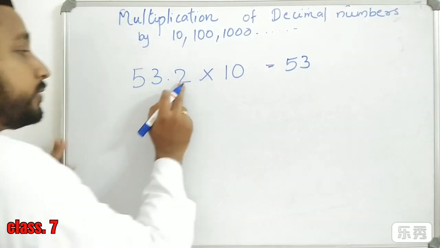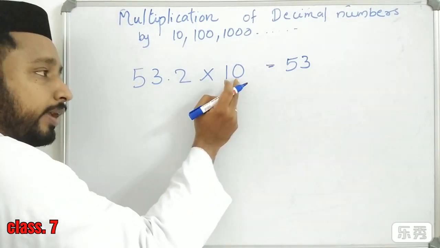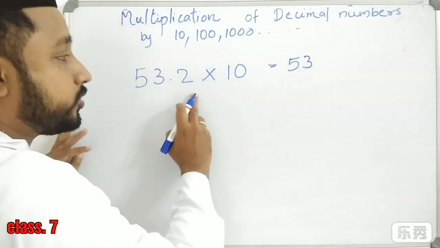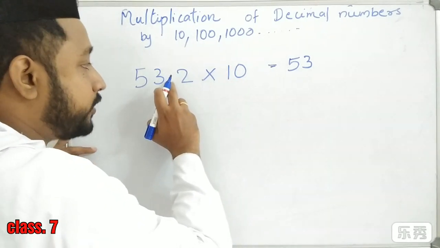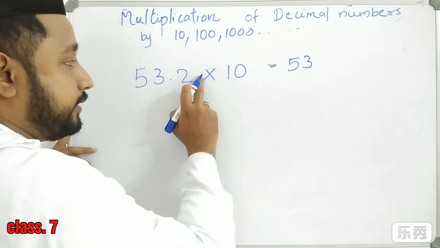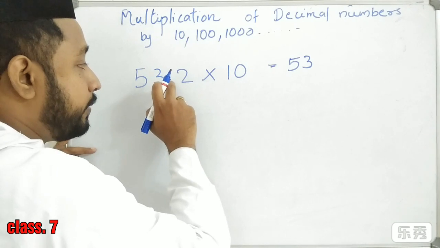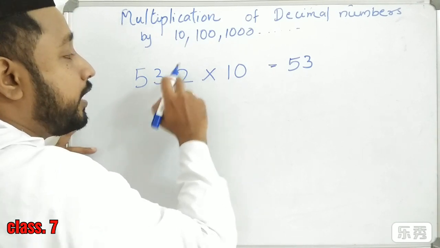How many zeros are there? Here 10 has only 1 zero. So we have to move this decimal point 1 place to the right, which means in 53.2, move this decimal point 1 digit after.